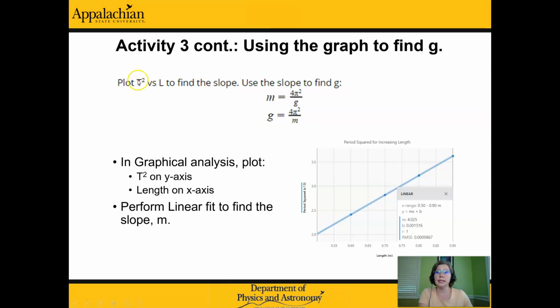So we're going to plot T squared versus L and use the slope to find g. You'll notice I've got T squared on the y-axis, length on the x-axis. I'm going to do a linear curve fit. And from that linear curve fit, I'll get some kind of slope. And from the slope, I'll use that to calculate g.